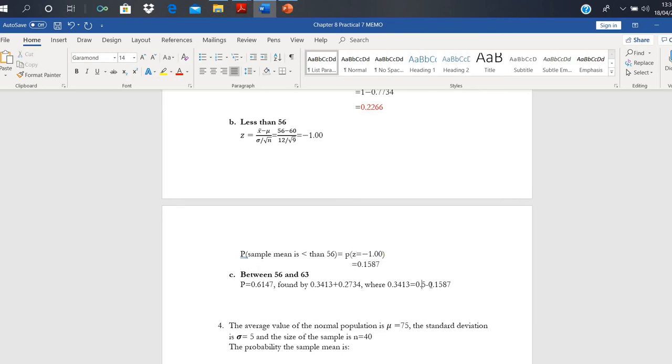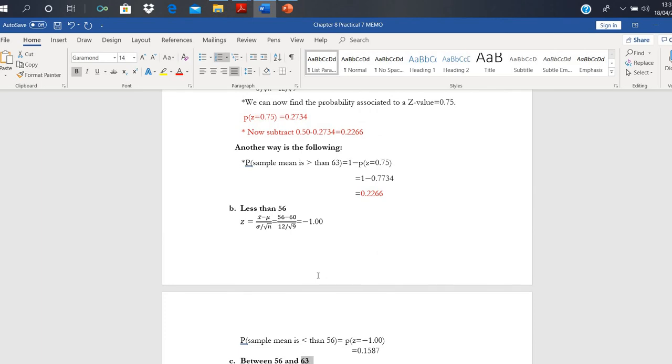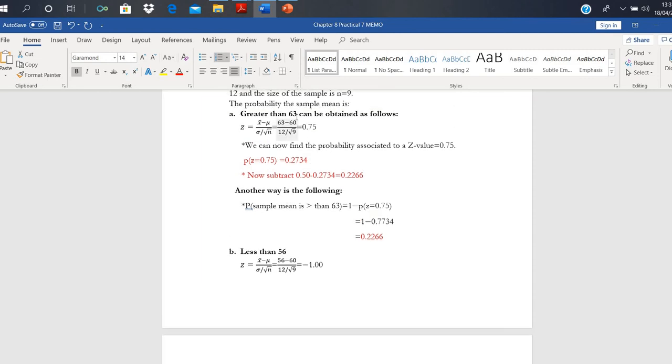So if you do 0.5 minus 0.1587, you will have 0.3413, and that is what we have here, 0.3413, plus now the probability that the sample mean will be less than 63, which will be simply the probability of the Z score, equal to 0.75, to be between 0 and 63.